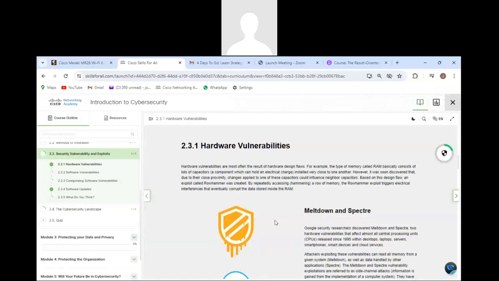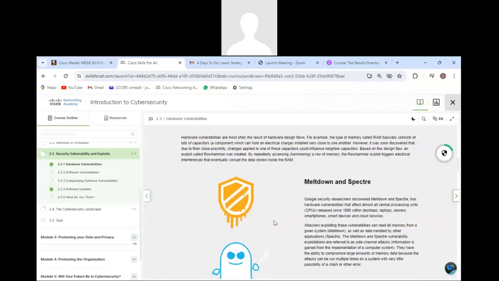In that case, such hardware might be compromised. When we're talking about hardware, we're not just talking about laptops or PCs alone. You have your networking devices like your router, your switches, and your other interconnectivity devices. So by the time these hardware devices have been compromised, we have what is called hardware vulnerability.